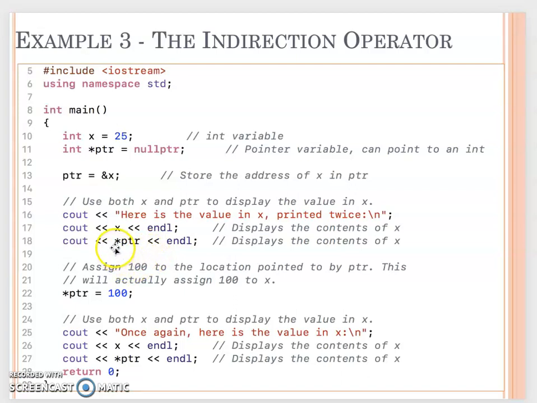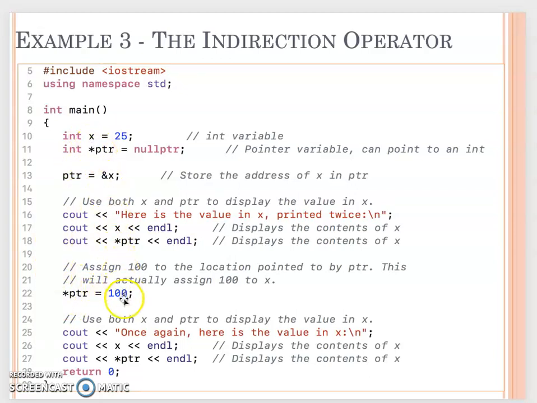And not only can you display using the indirection operator, you also can use this indirection operator to assign the value. So when you assign the value, actually you are not assigning 100 to your pointer variable. You are using this pointer variable to dereference and refer to the location of x.